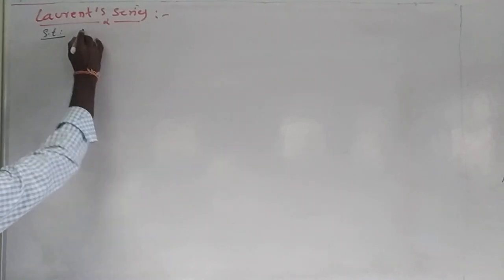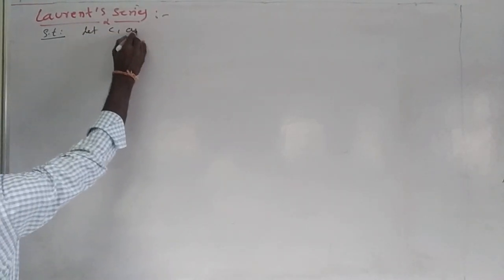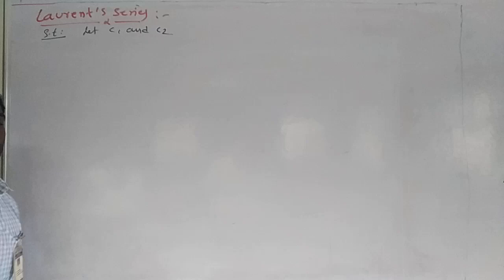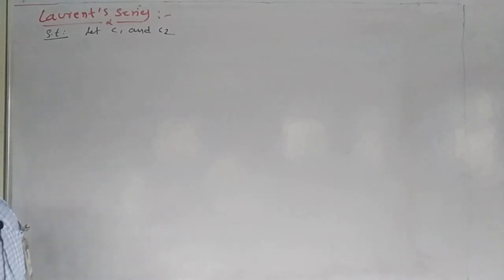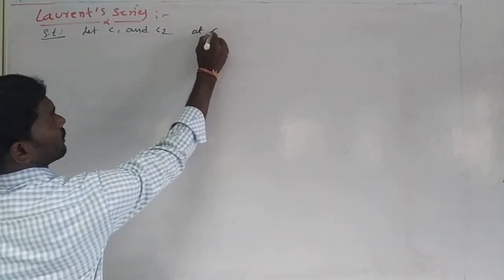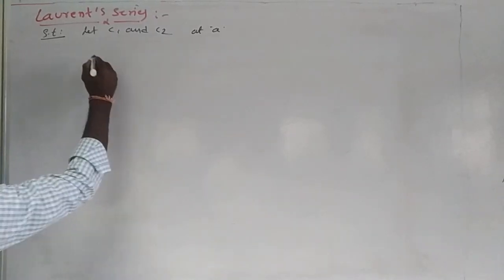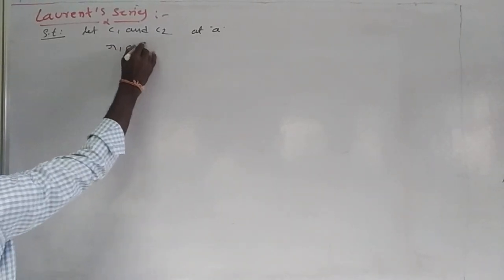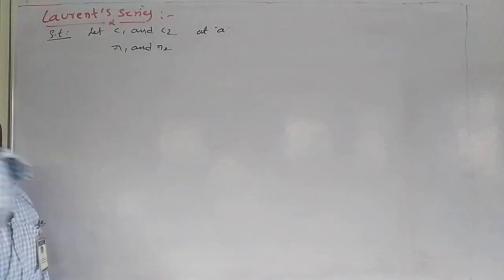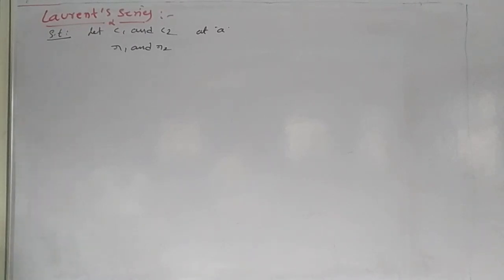Let C1 and C2 be two concentric circles with center at a and radii R1 and R2 respectively.